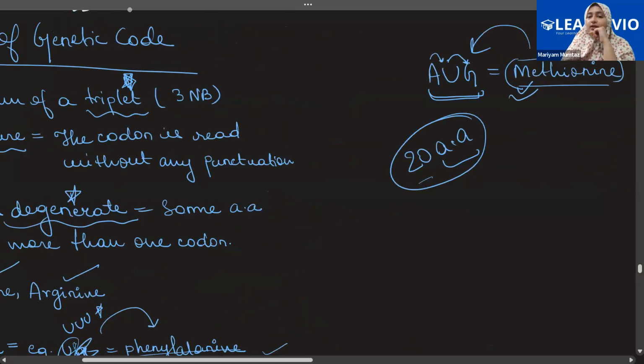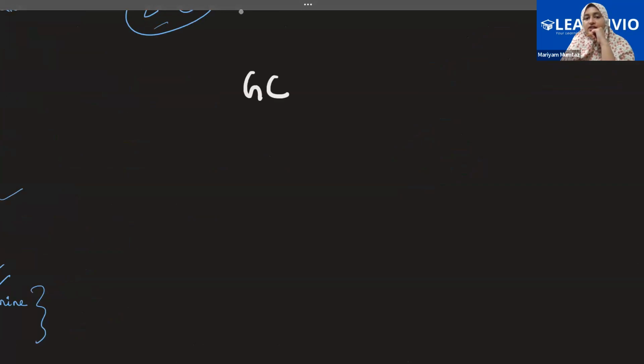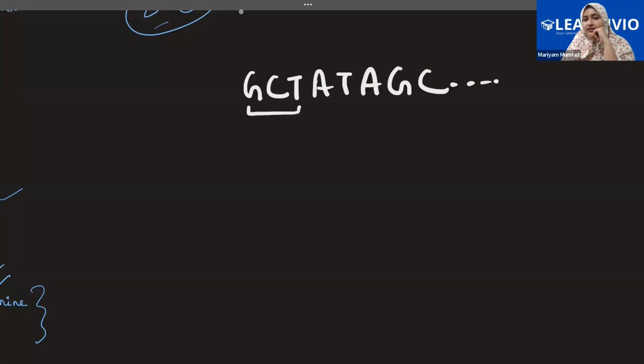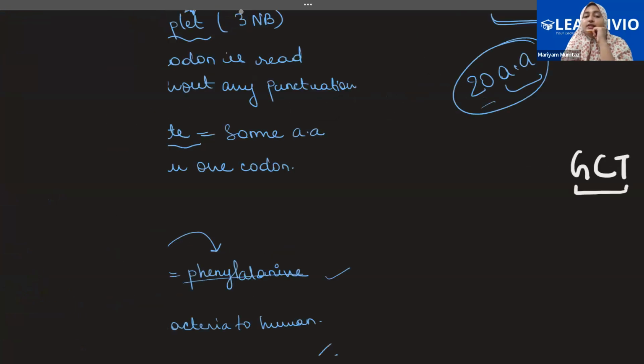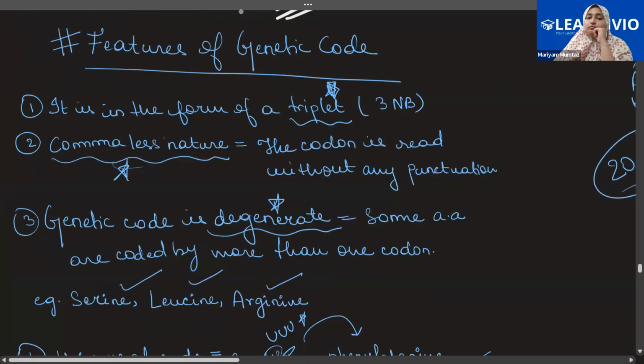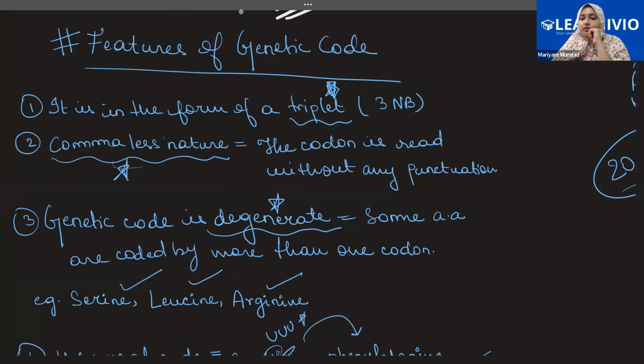For example, if I have written G, C, T, A, T, A, G, C, and so on, it will be read like this. Three of them will be read together. So this is what is known as the triplet reading, meaning we always form the genetic code in a triplet manner, with three nitrogenous bases in it.